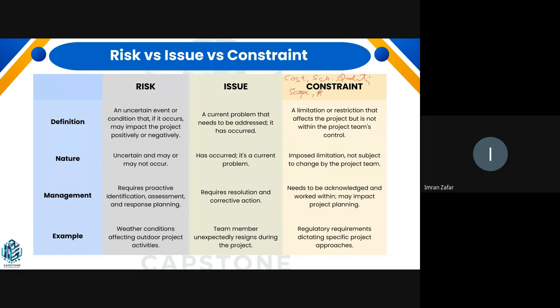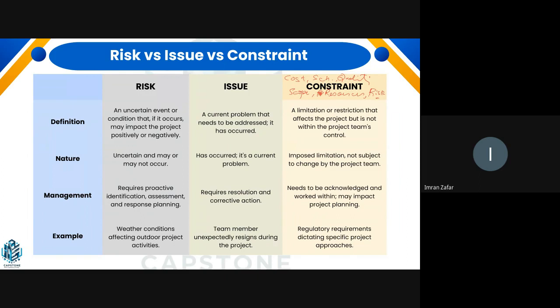Risks, resources. Okay. So those were the constraints, and risk can also be a constraint, but for the sake of this discussion, let's not discuss risk, because it may confuse you. But constraint is something that is not under your control, and you are restricted by it.